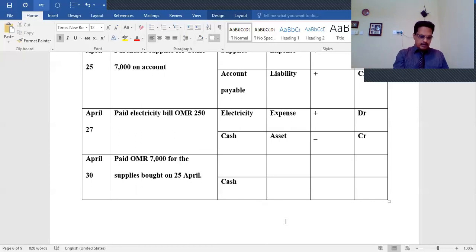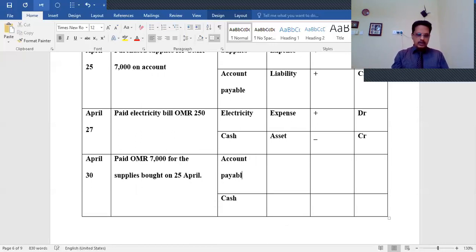That means account payable. Account payable is your liability. And the other one, cash, as you know, is an asset. Cash is your asset.